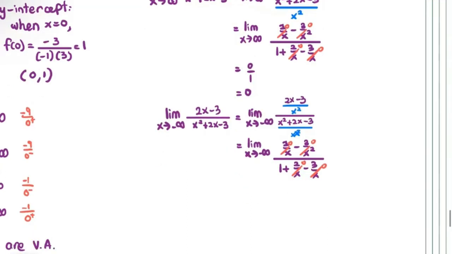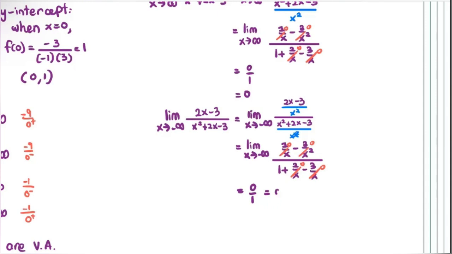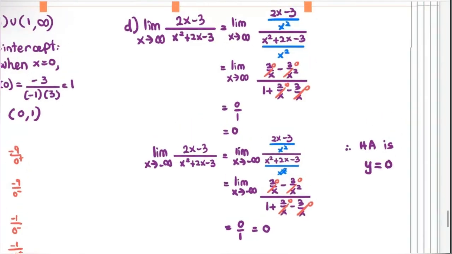So masih lagi step yang sama, betul tak? Divide by the highest power, so kita akan end up dapat ini. Dan last kali kita akan ada 0/1 which end up dapat kosong. So therefore we can conclude that horizontal asymptote is at y equals to 0.